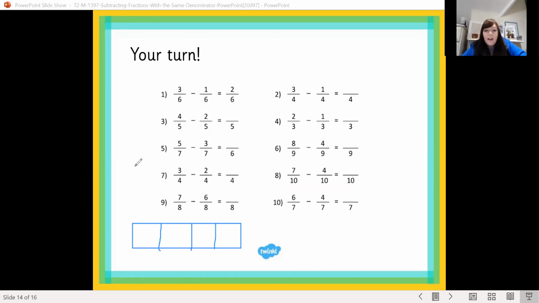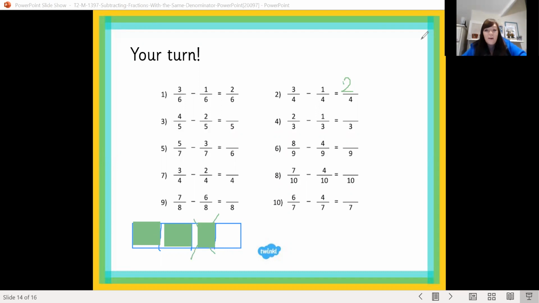Then I would colour in 3 because my first fraction is 3. 1, 2, 3. And then I'm going to take away 1. And because you've drawn it, you won't be able to take it away, but I'm just going to cross it out. And I know that I'm left with 2 of those 4 equal parts. So my answer is 2/4.